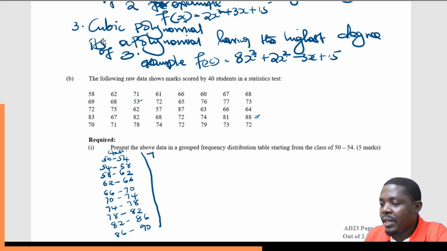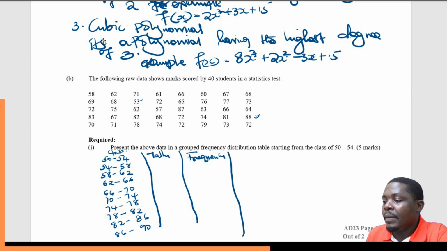Then here I'm going to have tally, frequency, and then I will have something to do with the cumulative frequency.